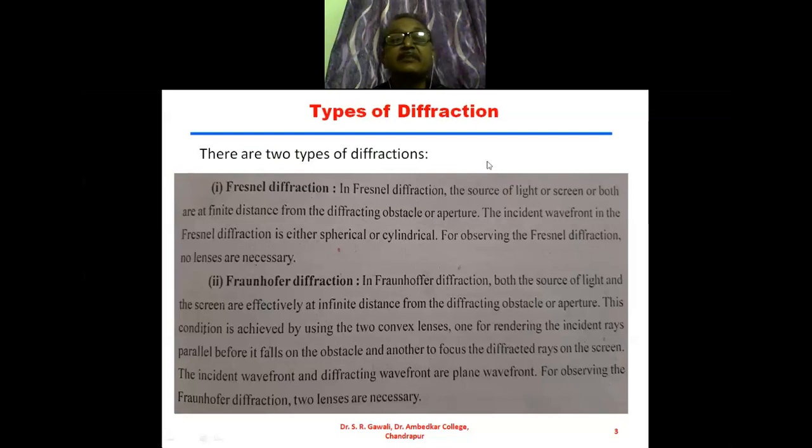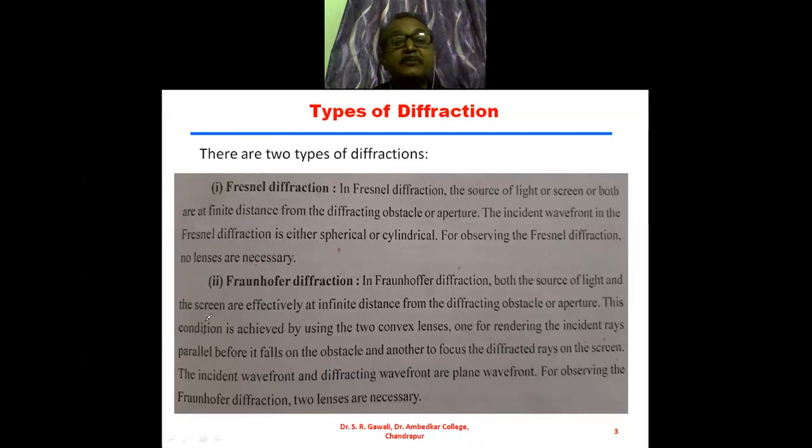Previously, that distance was finite, which means fixed. But here the distance is infinite, meaning they are at a large distance.